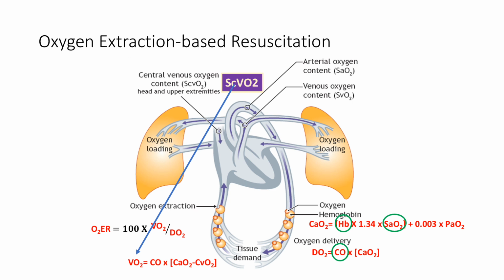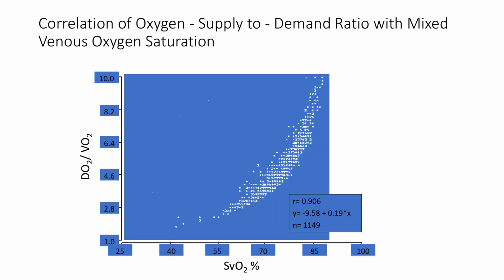That said, there are multiple physiological, pathological and also therapeutic factors which do influence venous oxygen saturation, so anemia, hypovolemia, contractility, bleeding, sedation, fever and pain. So it's not a perfect model by any means.